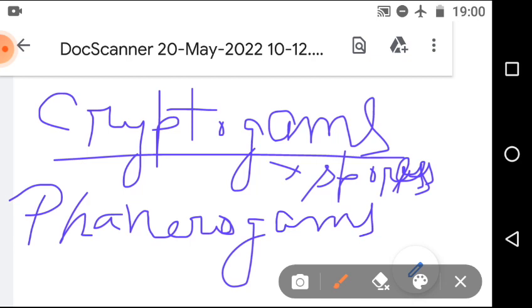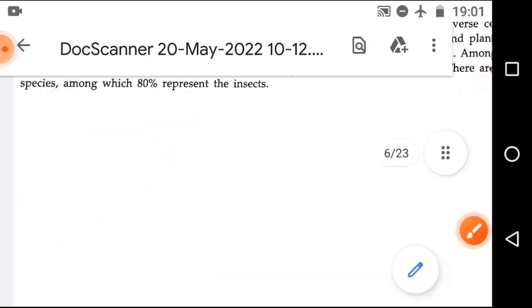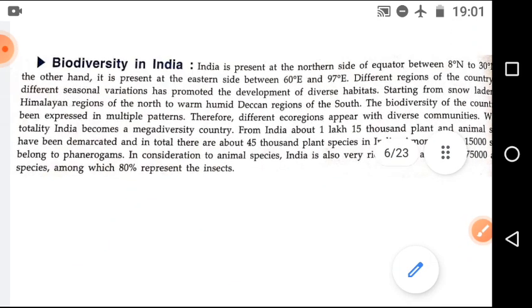What are phanerogams then? Phanerogams refer to those higher plants that produce seeds. Those plants which produce seeds are called phanerogams. This much you remember.